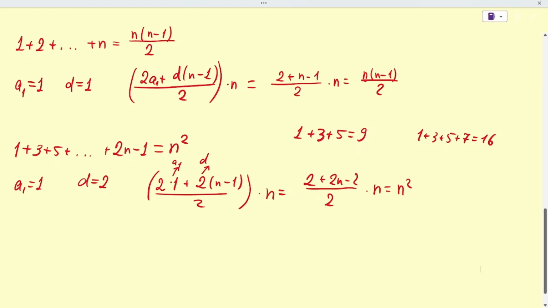And now let's see an application about geometric series. If we are given 1 plus 1 half plus 1 over 4, and so on, this infinite geometric series, we can compute it because the first element is a1 and the absolute value of r, the ratio between two consecutive elements, is less than 1.